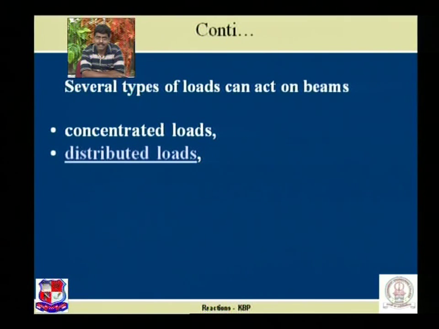There are two categories: uniformly distributed load and uniformly varying load. The first is uniformly distributed over the length of the beam, and the other varies uniformly along the length of the beam. And the couples, that is the moment, a concentrated moment acting at a point. We already studied all these things in the previous session.